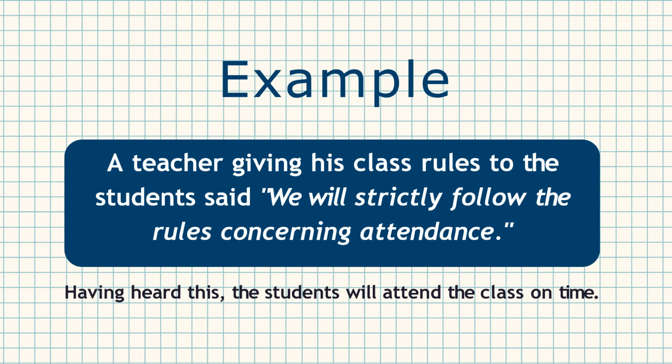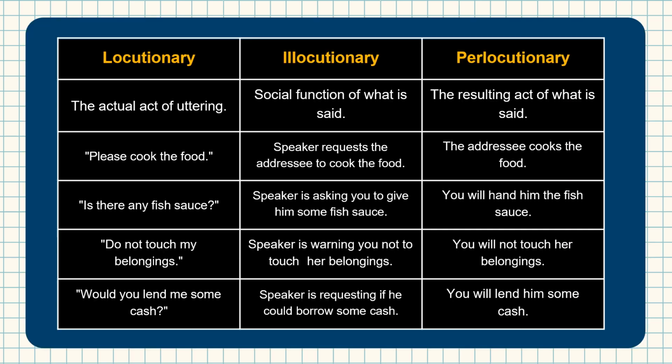So there's a consequence in case they will not abide or obey the said rule. That's it. We call it perlocutionary act.